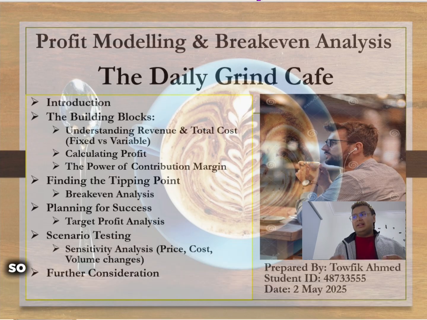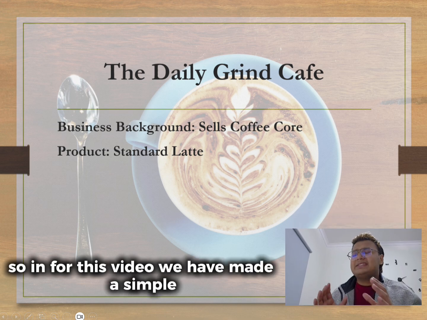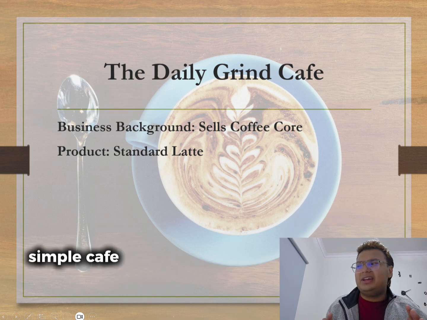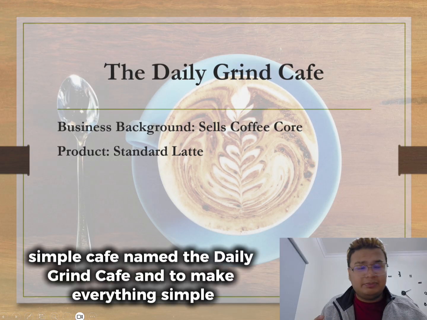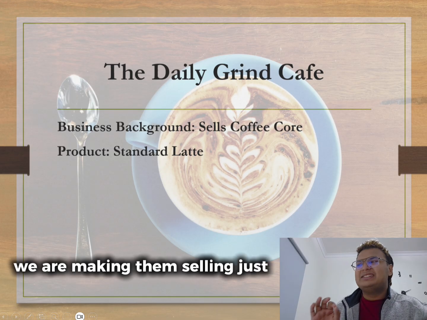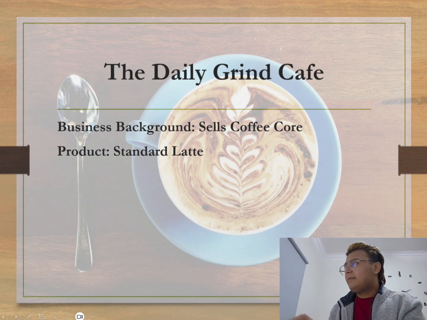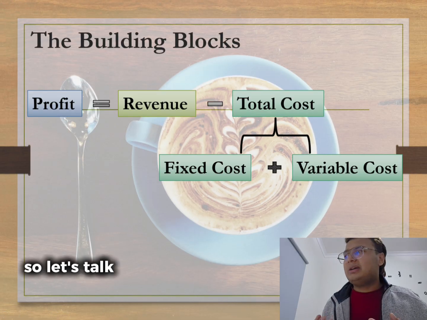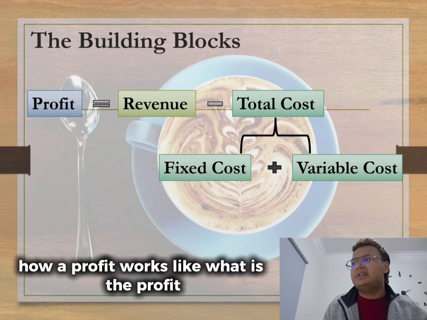In this video we have made a simple cafe named the Daily Grind Cafe, and to make everything simple we are making them sell just a simple latte, nothing else. So let's talk about the building blocks, how profit works. What is profit?